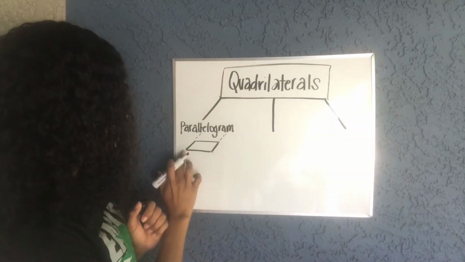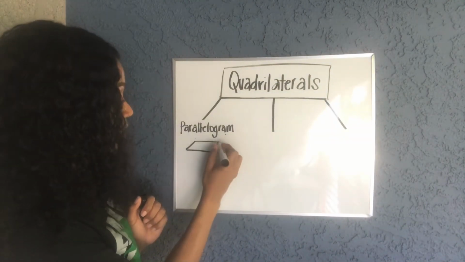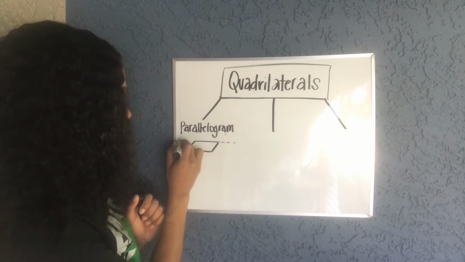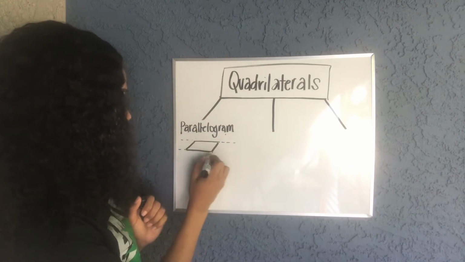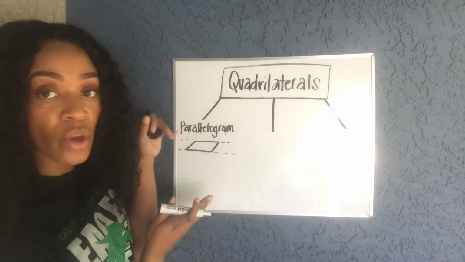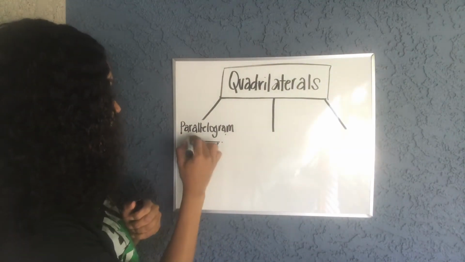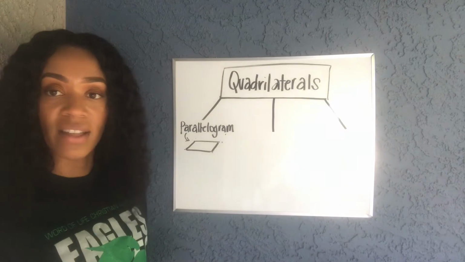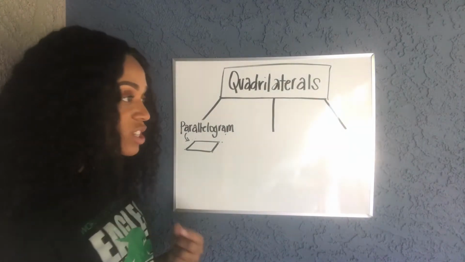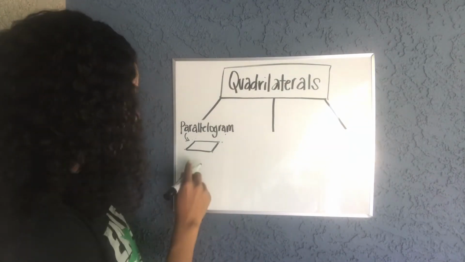I'll go ahead and erase this for just a second just to show the other two. If I were to continue these two lines, they also would never intersect. So we can call this particular shape a parallelogram. That's a type of example. And I just want to go ahead and write the definition under here too.